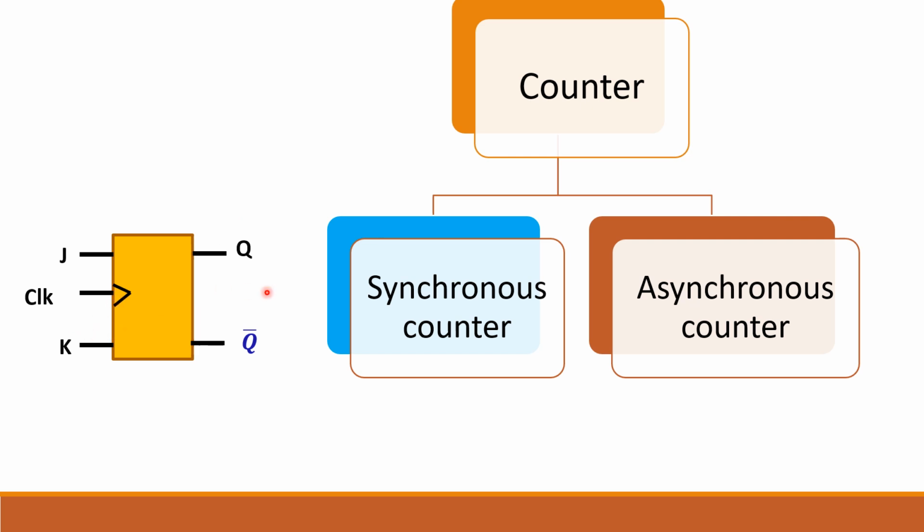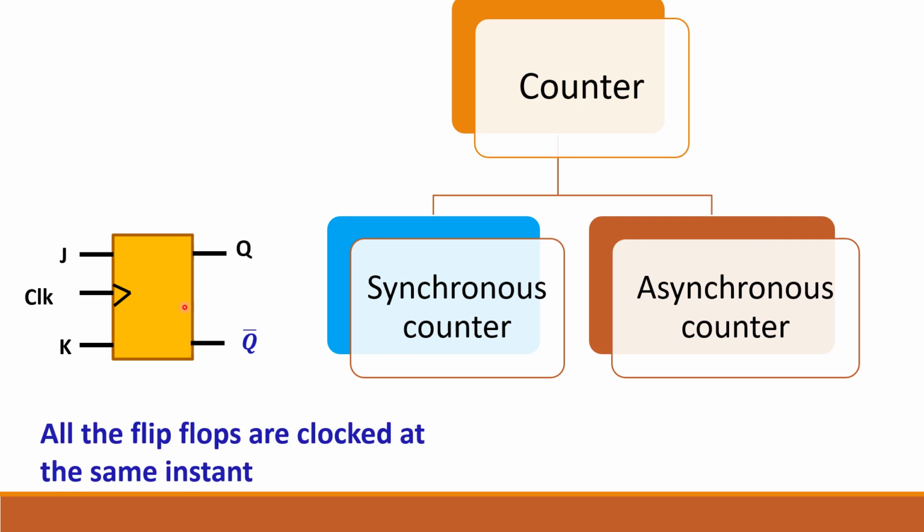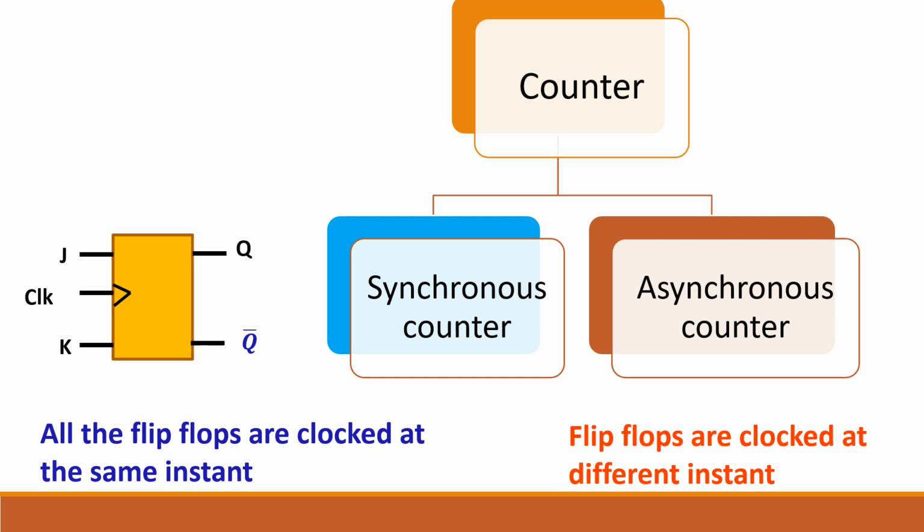If all the flip-flops are given the same clock pulse, we call it a synchronous counter. Whereas in an asynchronous counter, there is no synchronism; the clock will be different in the flip-flops.